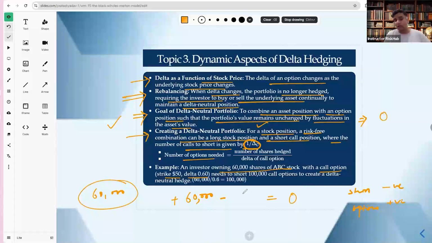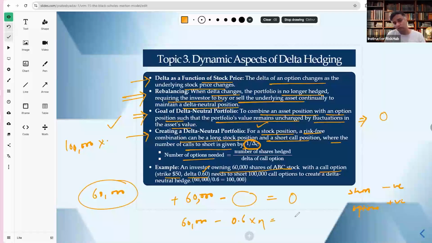How many call options do I need to short? That decision depends on how much delta the call option has. If the delta of the call option is 0.6, then with N call options I have 60,000 stock delta minus 0.6 N call option delta equal to 0. So 60,000 equals 0.6 N. Sorry, I was writing it wrong at first.